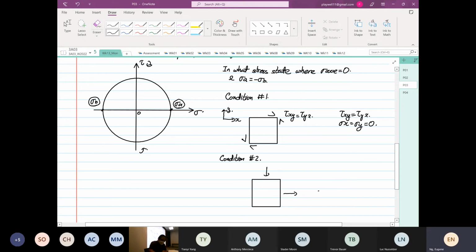This is our stress X, this is our stress Y. Again, we have condition number 2, where stress X is equal to minus stress Y, the stress in the Y direction. And you have shear XY equal to shear YX equal to 0. Okay. And then you have a third condition.